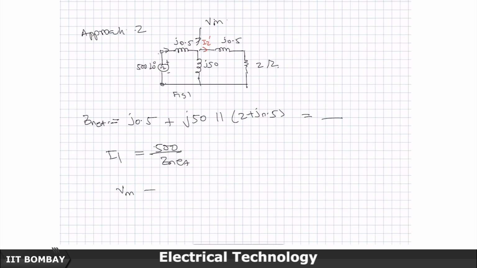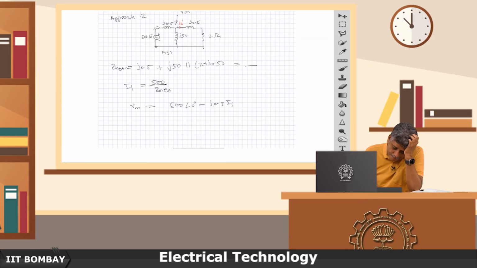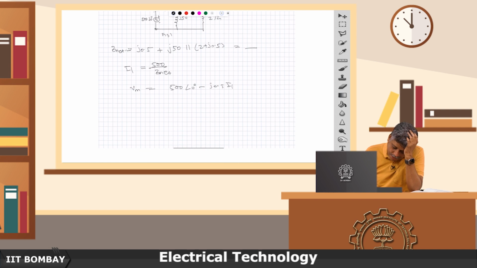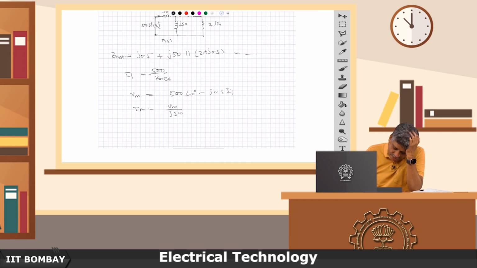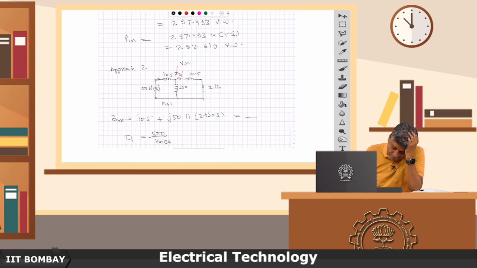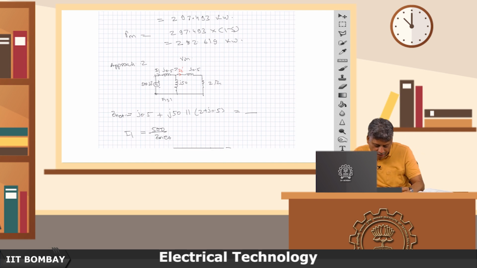Then V m is 500 angle 0 minus j 0.5 times I 1, and I will get V m. Once I have got V m, then I can calculate I m as V m by j 50.